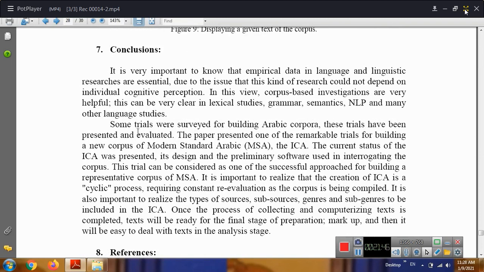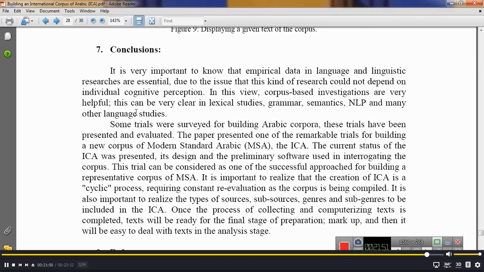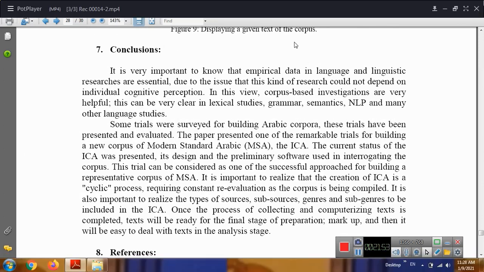Okay, in this article we became familiar with the ICA, and we got some information about the corpus. Please read this article.